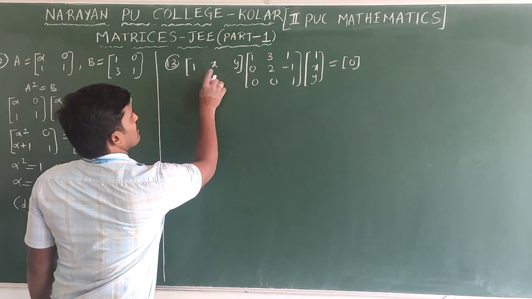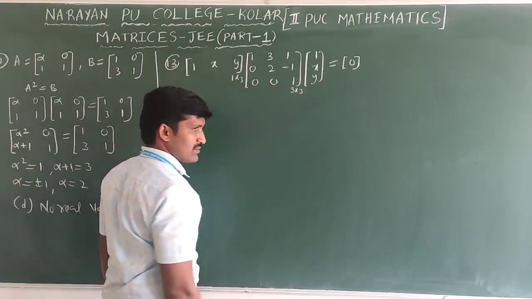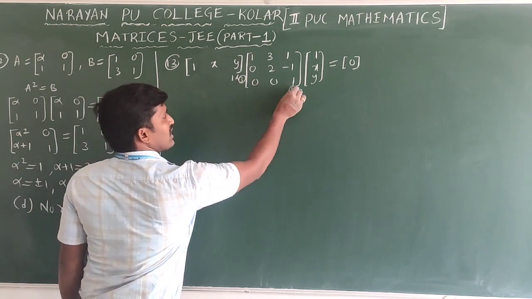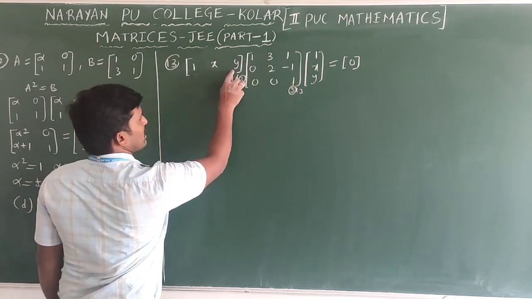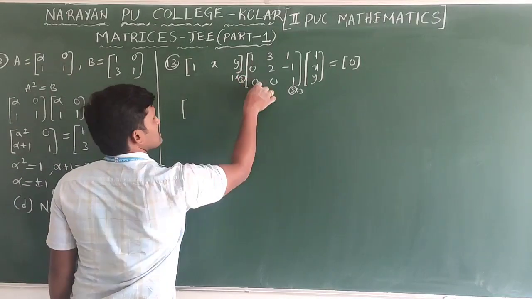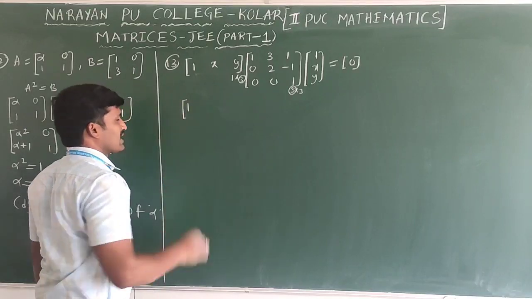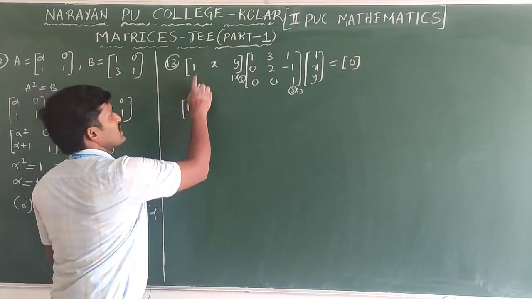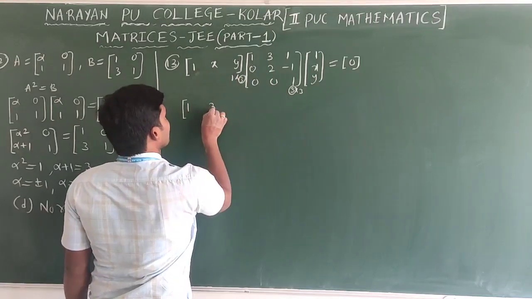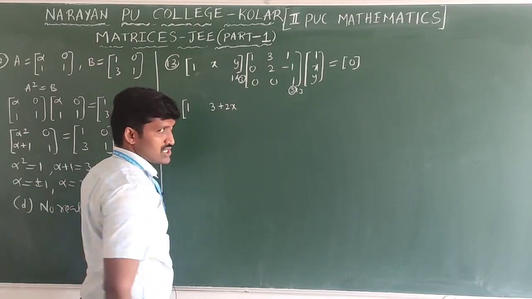Clearly, which order? 1 by 3, and this is 3 by 3. Multiply these two. Here the number of columns and number of rows are equal. Only one row is there, 3 columns. First row with first column: 1 into 1, x into 0, y into 0, that's why we only get 1. Next, the one row with second column: 1 into 3, 3 plus 2x plus y into 0 is 0.